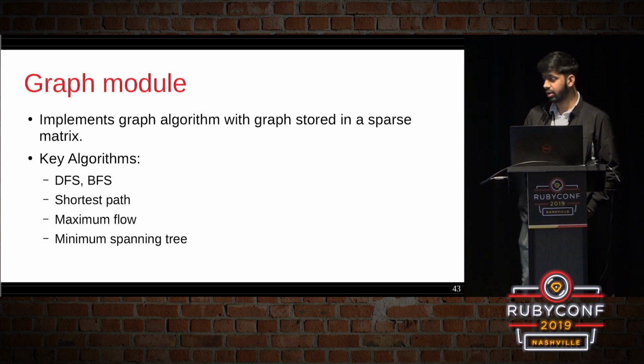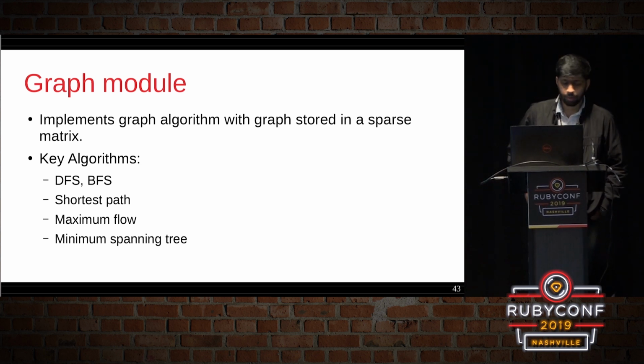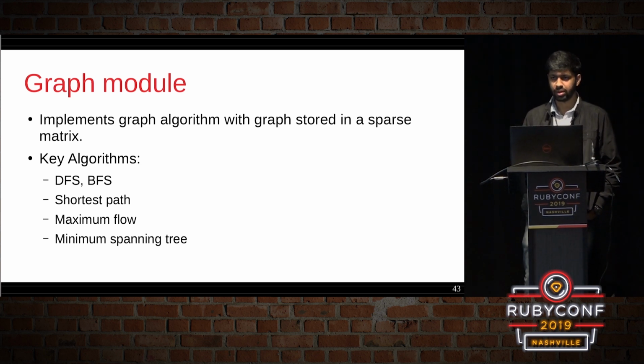So to do some graph theory algorithms, you can use the sparse library, because a graph can be represented using a 2D matrix, and many times the matrix turns out to be a sparse one. So for that, the sparse library can be used.